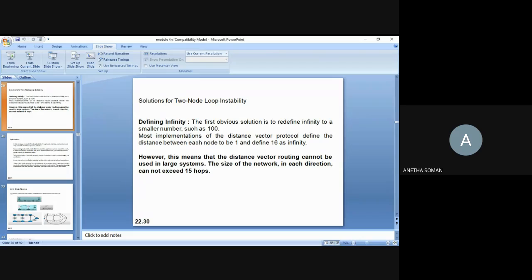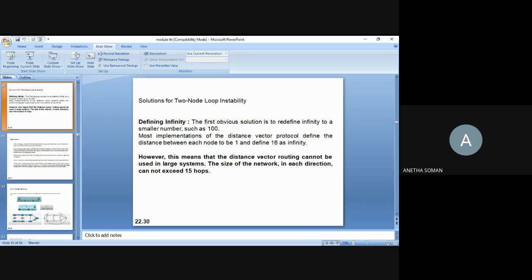Okay, so the disadvantage of defining infinity like this is that distance vector routing cannot be used in large systems. Now the size of the network cannot exceed 15 hops. I have told you that for distance vector it is kept as 16, making use of the RIP protocol.